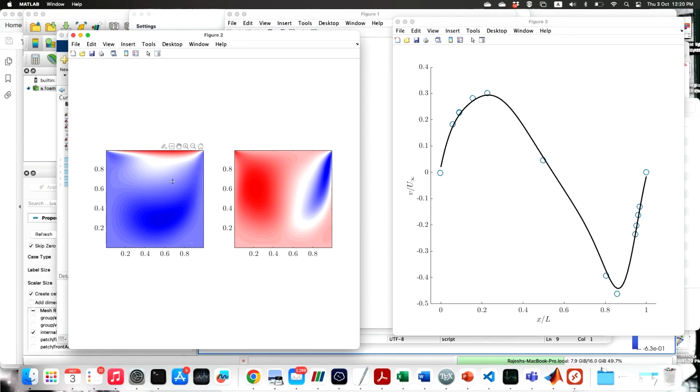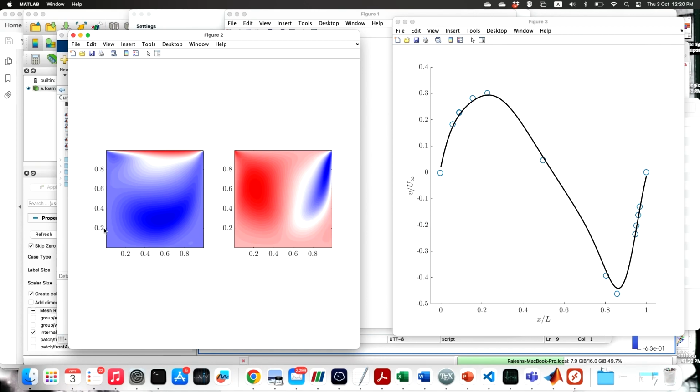You can see that I am able to plot these contours here, and this is v by infinity, the v velocity. I am plotting the variation of the v velocity at the midpoint, x by L equal to 0.5, from here to here, and you can see that it goes high and then comes down, that is the red region when it goes high and the blue region when it goes low, right.